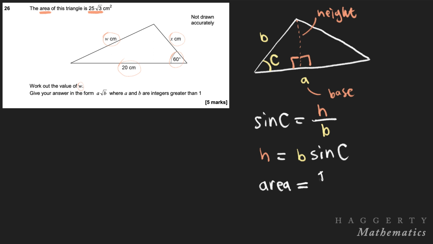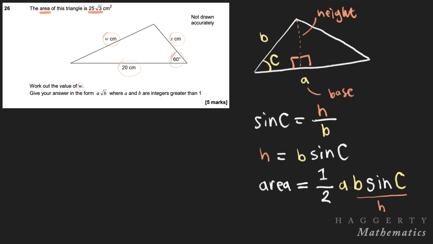So it's going to be 1/2 times the base of A times the side length B, and then times sine of the angle big C, right? So this guy right here is our height, and that's a half times the base times the height. Gives us the area of any general triangle.